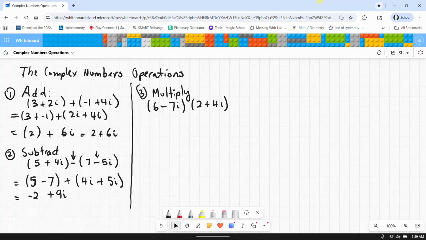We can use a box method, or we can use the distributive property to multiply the two complex numbers. But let's start with the box method that we have learned before.